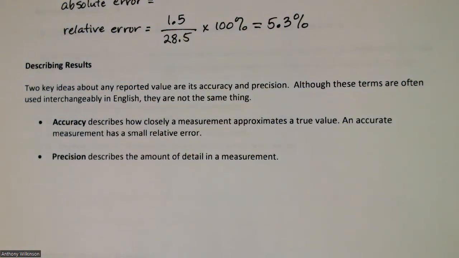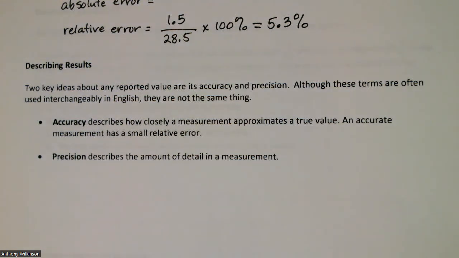An accurate measurement has a small relative error. But precision describes the amount of detail in that measurement. So if you see many decimal places, numbers after the decimal point, that tells you they're using precision because they're trying to get a precise number. That's the amount of detail in a measurement.